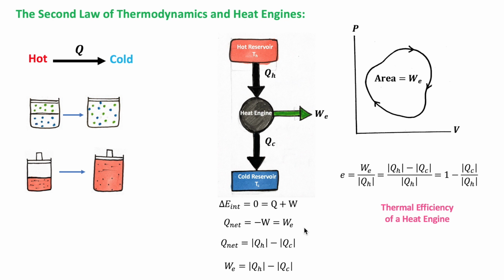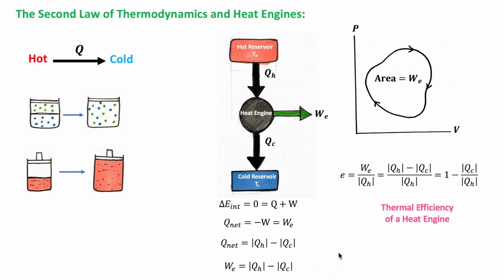So the net heat is Q equal to the absolute value of QH minus the absolute value of QC, and it's equal to the work done by the engine.